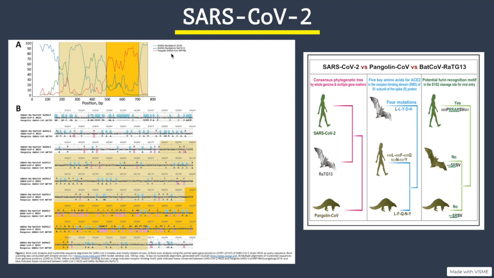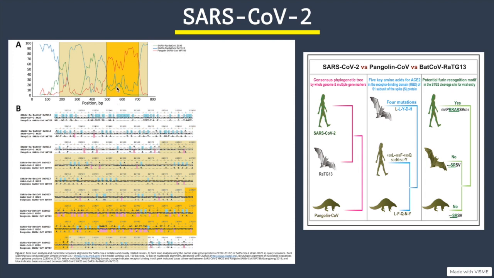In green is one bat coronavirus, in blue is another. Both the green and the blue are bat coronaviruses, just two different specific types. And then in red is the pangolin SARS coronavirus.